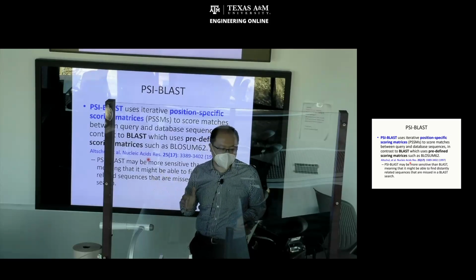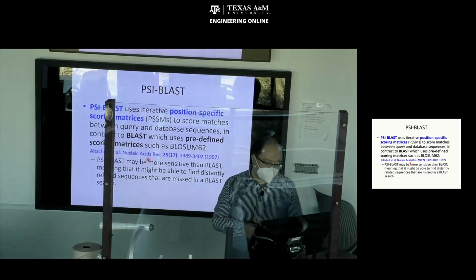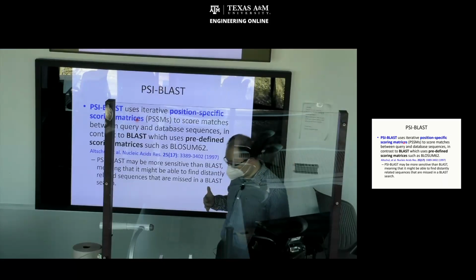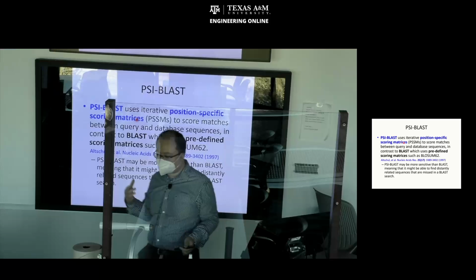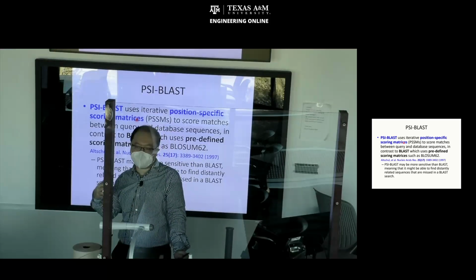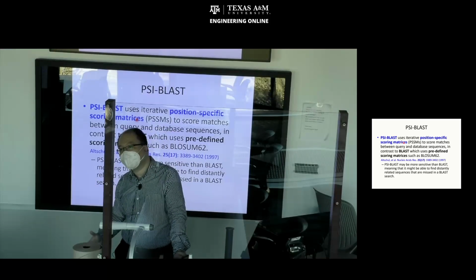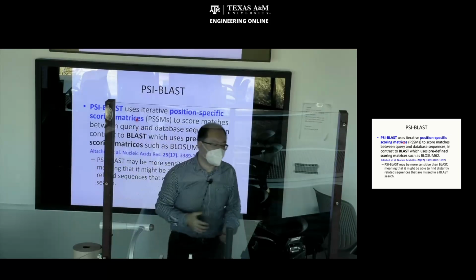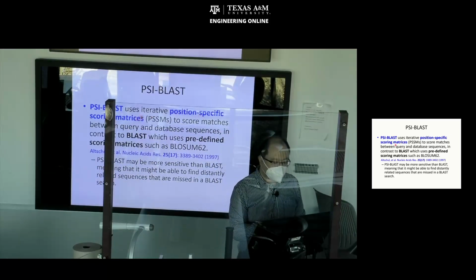That's what PSI-BLAST is doing. But the reason I'm introducing PSI-BLAST, it contains another layer. That is, I want to tell you something called profiles or position-specific scoring matrices. This concept is very important as we step away from the safe zone to the twilight zone, okay? So this is called the position-specific scoring matrix.